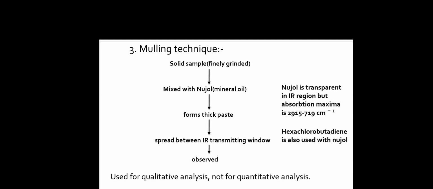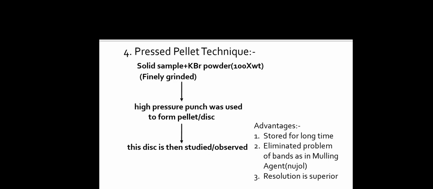Now, the characteristic of Nujol or mineral oil is that it is transparent in the IR region, but its absorption is maximized between 2915 to 719 centimeter inverse. And also, sometimes hexachlorobutadiene is used with Nujol to improve its action. The mulling technique is also used for qualitative analysis. It is not used for quantitative analysis, but it is a very popular technique used in the exams mostly.